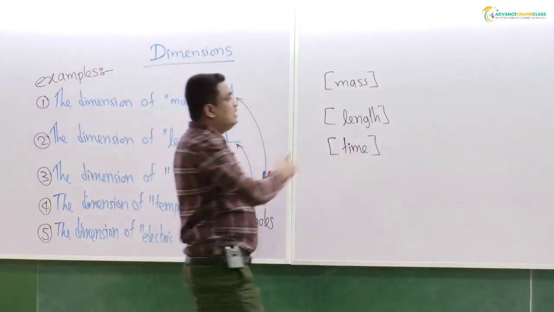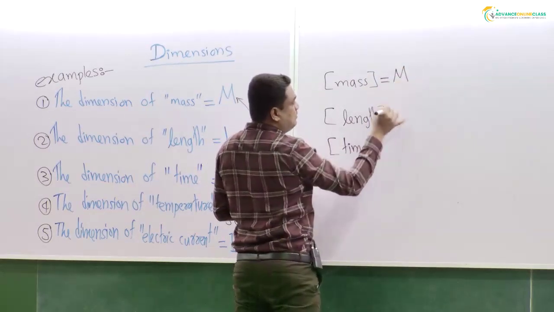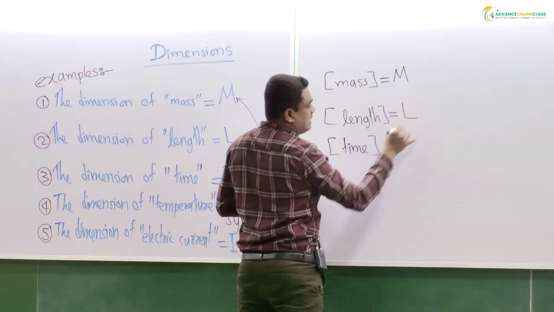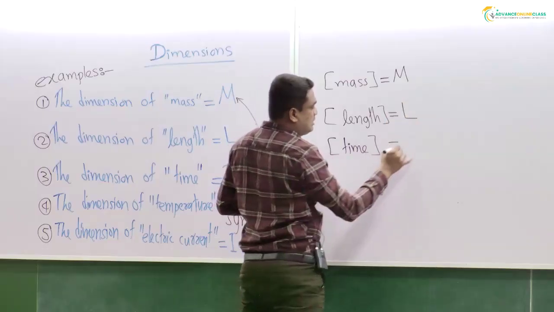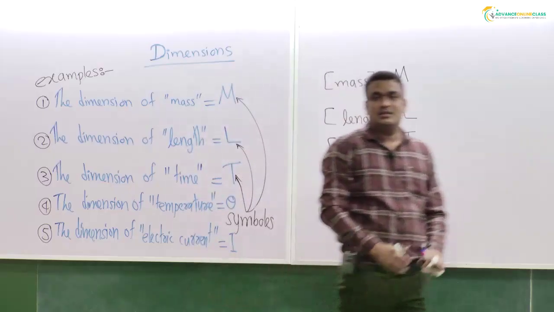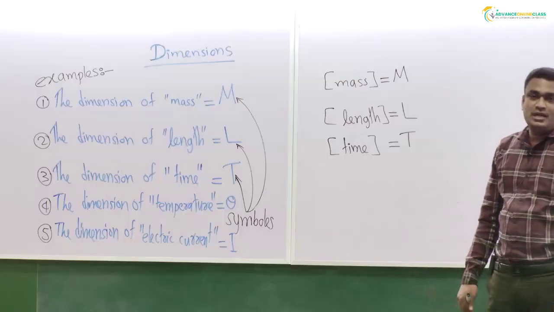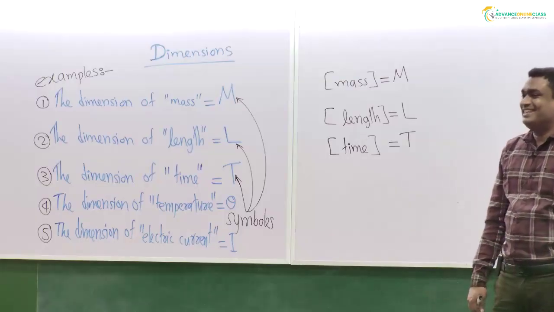Right? Please write dimensions of mass, capital M; dimensions of length, capital L; dimensions of time, capital T. Only these three are used in the A level. If you learn all the other dimensions, you are wasting your time. Right?